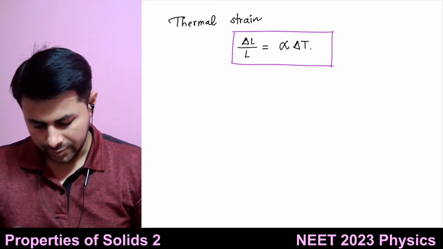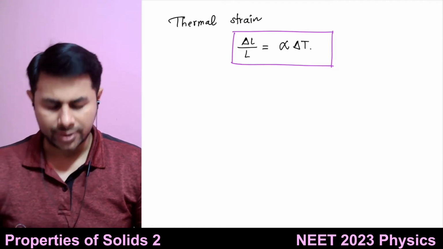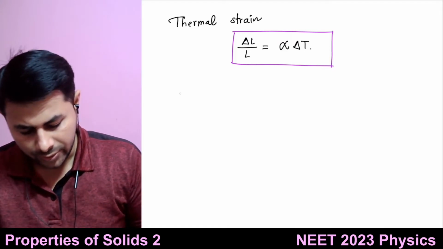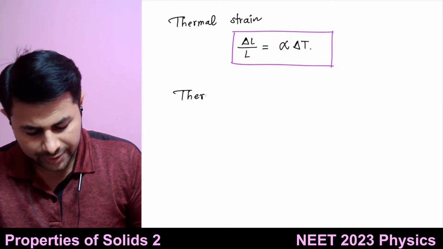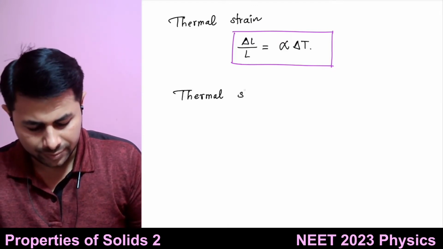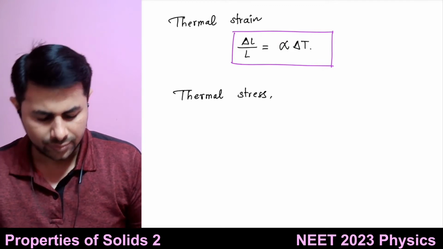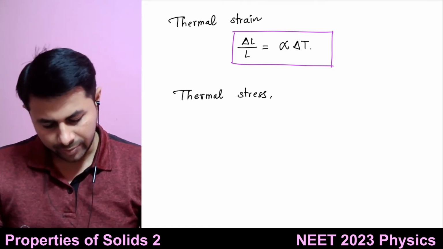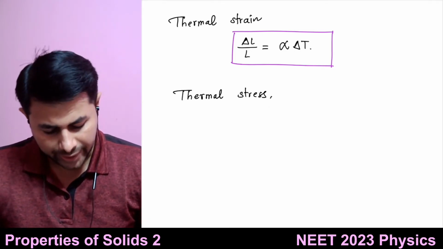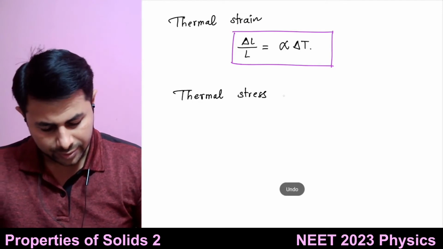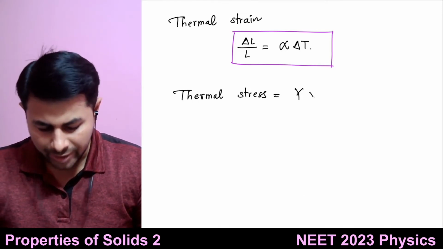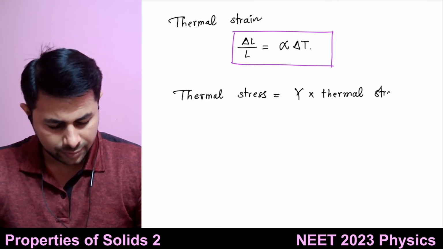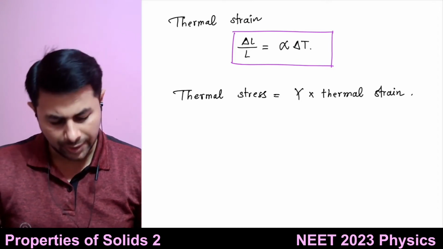And then I know that Young's modulus of the wire is stress upon strain. So I can find out the thermal stress in the wire, the stress produced in the wire because of rise in temperature. Thermal stress can be written as Y multiplied by thermal strain, right?